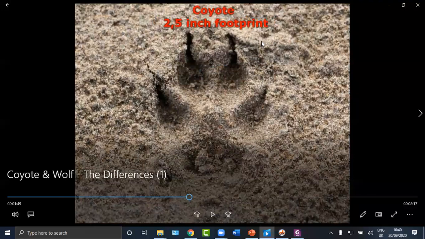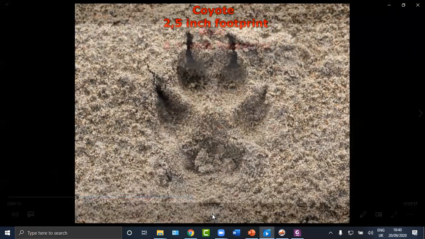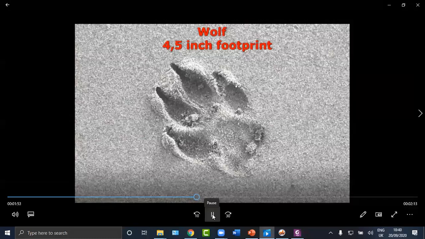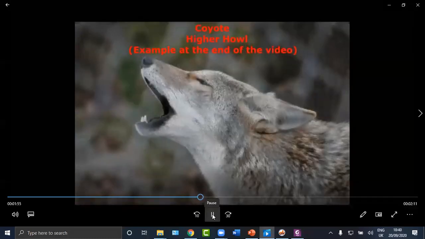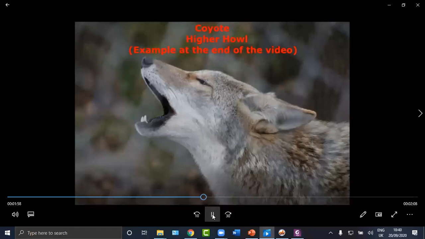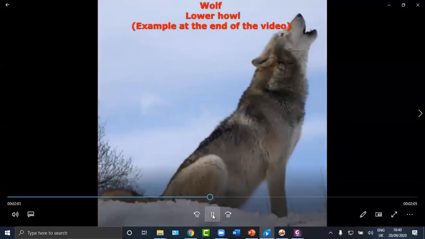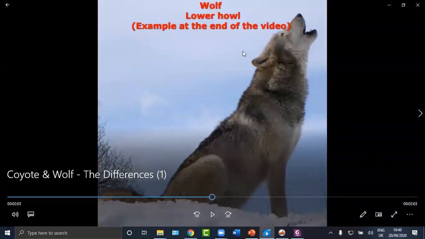What about the footprint? 2.5-inch footprint for the coyote. Wolf 4.5, bigger. Wolf has a lower howl.